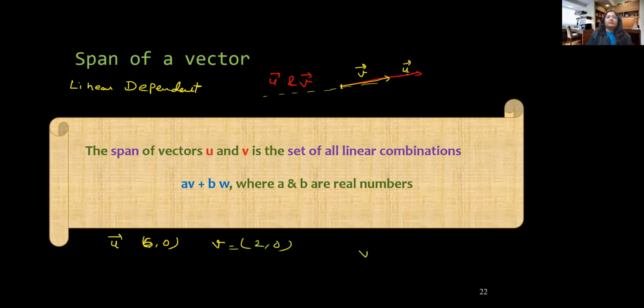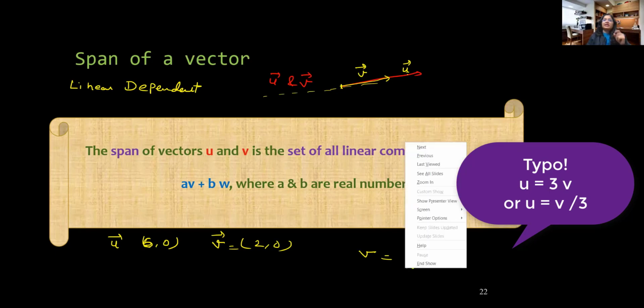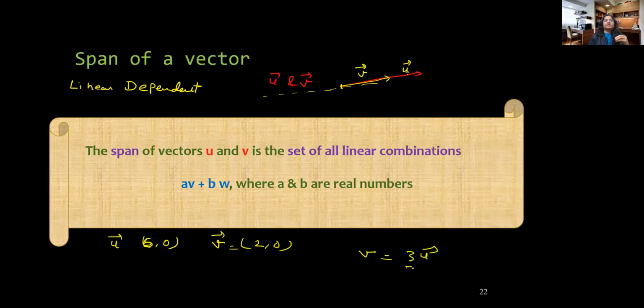So we can write v equals 3 of u. They are on the same line, in the same direction, just the length is different, right? Then we are stuck in the 1-dimensional line. The span is 1-dimensional. So whenever this is the case, even if we are looking at the 3-dimensional picture, if one of the vectors can be written as a linear combination of the other, then we call these vectors linearly dependent, right?